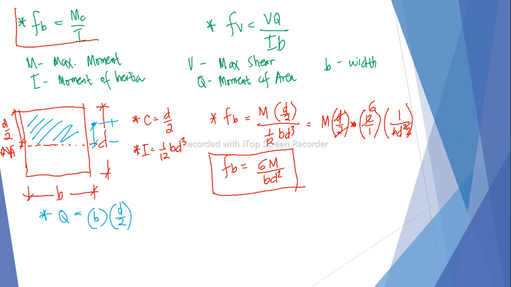This distance is half of D over 2, which is D over 4. So times D over 4, we have Q equal to BD squared over 8.